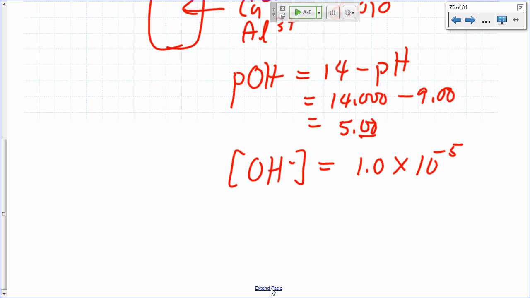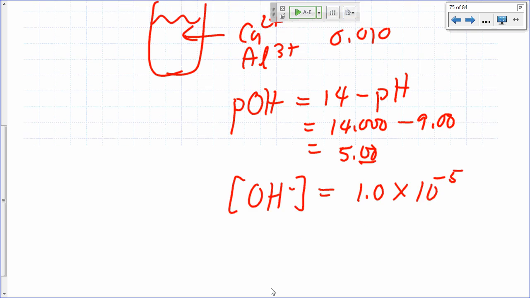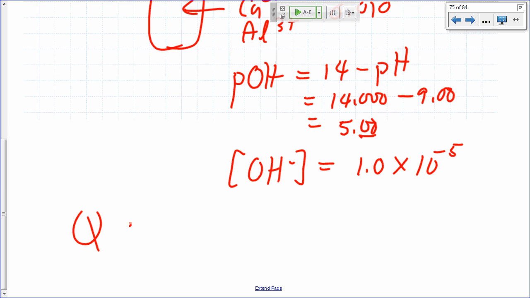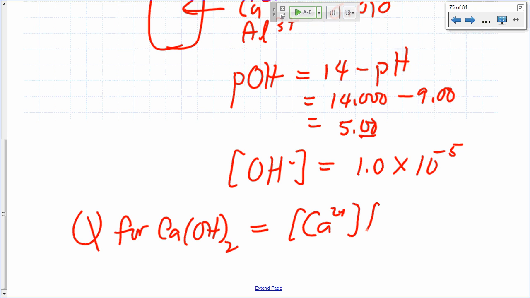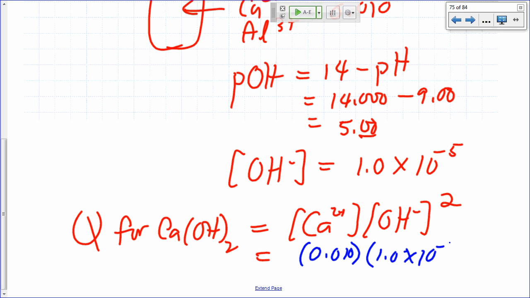Okay, let's review. How do we know if we're going to get a precipitate or not? We calculate the ion product and compare it to KSP, right? So what's Q for calcium hydroxide? It's going to be calcium ions times hydroxide squared, right? So what's our calcium ion here? We're going to say it's 0.01, and our hydroxide is 1.0 times 10 to the negative 5th. Square that.